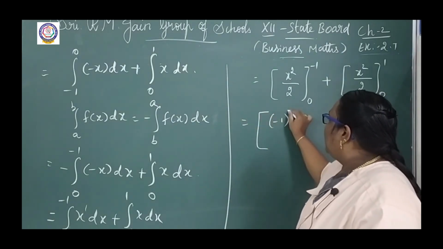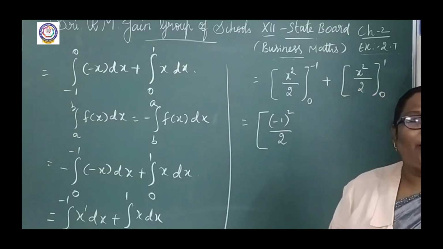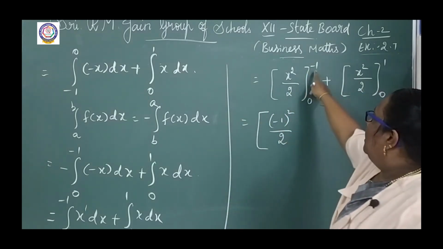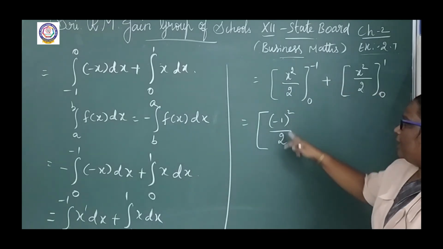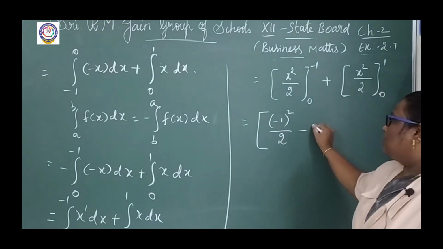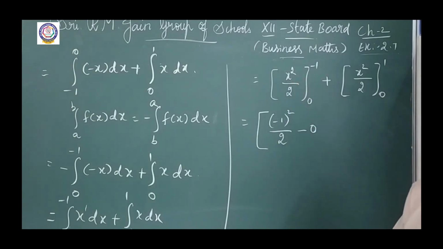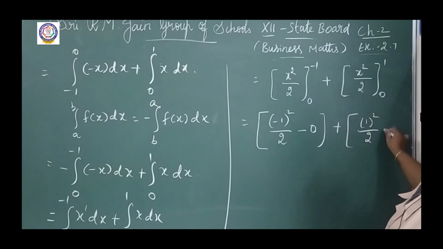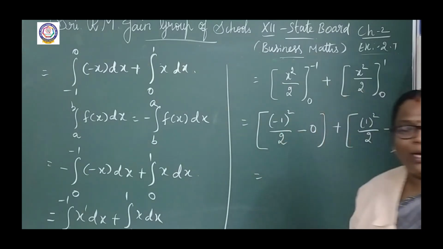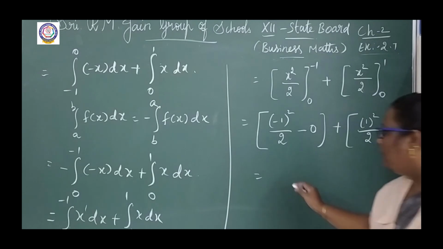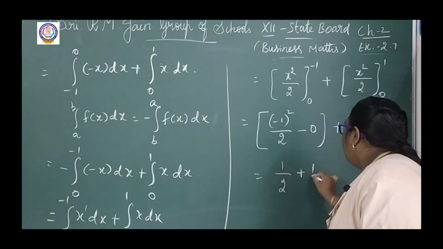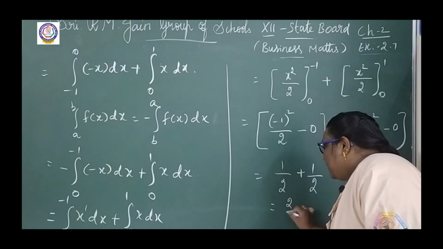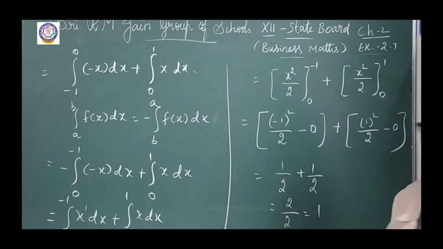Upper limit is (-1) whole square by 2, minus lower limit, 0 by any number is 0, plus 1 square by 2 minus 0. (-1) whole square is 1. So, 1 by 2 plus 1 by 2. So, what is the answer? 2 by 2, the value is 1, or half plus half is 1.